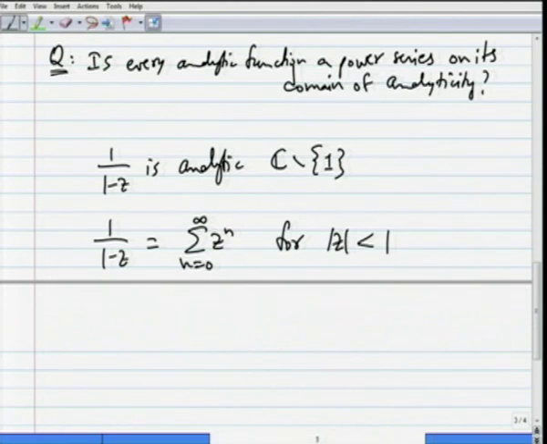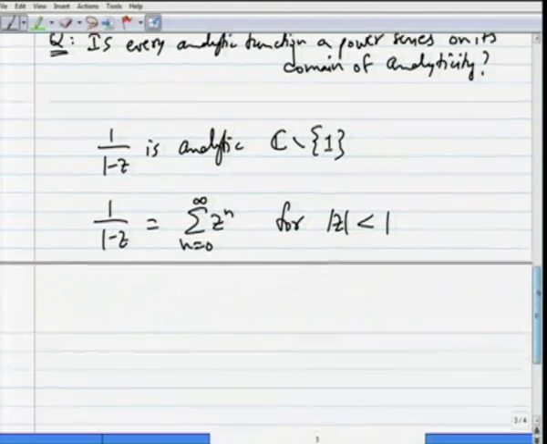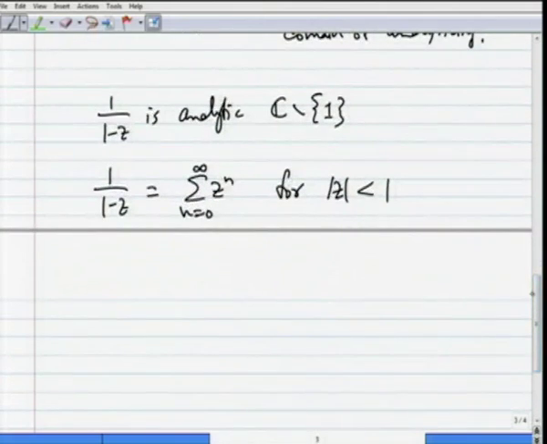Beyond that, for mod z greater than 1, sorry, we know at least that this power series is not correct for 1 by 1 minus z. So the point is that not all analytic functions are equal to a unique power series on the whole domain of their analyticity.